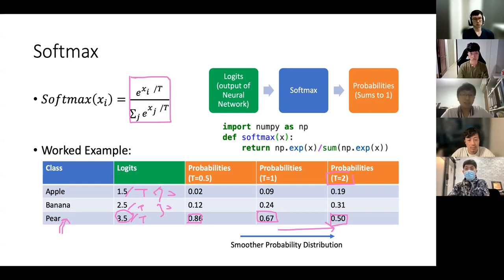So softmax is used in order to map your arbitrary numbers into probabilities. Pause here for a while for any clarifications, because softmax is a very important function in neural network classification. It is used almost all the time. I've never seen a classification that doesn't use softmax, actually.